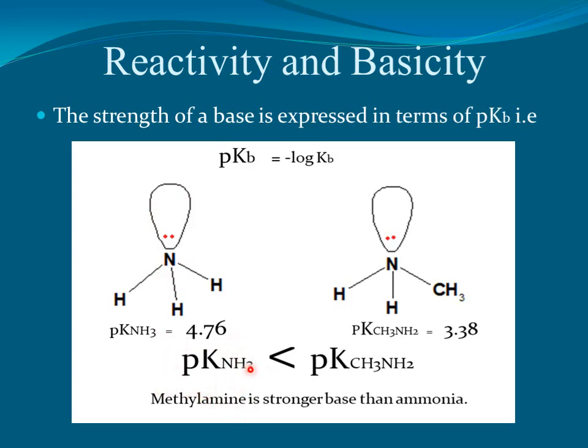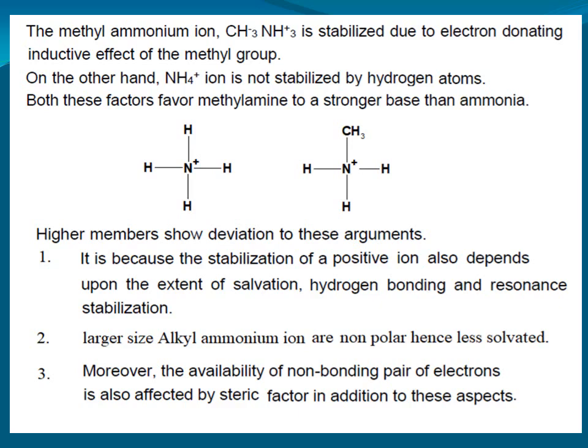The second reason for the increased basic character is that the methyl ammonium ion that is going to be produced after acceptance of a proton is stabilized due to the electron donating inductive effect of the methyl group. On the other hand, when NH4 positive ion is present, it is not stabilized by the hydrogen atoms.